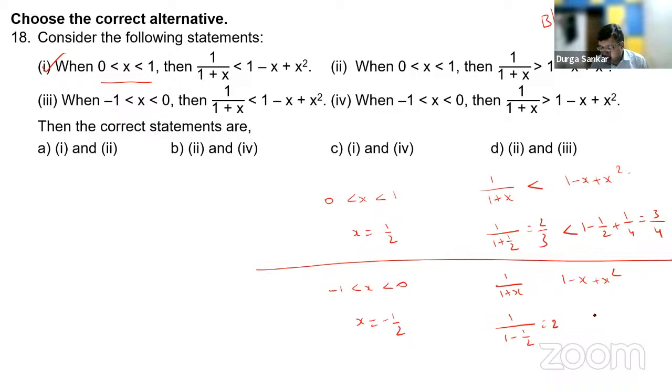On the other hand, 1 minus of minus 1 by 2 plus minus 1 by 2 whole square is definitely less than 2. I don't even want to know how much it is. So 1 by 1 plus x is greater than 1 minus x plus x square. So 1 and 4 are true. Answer option C.